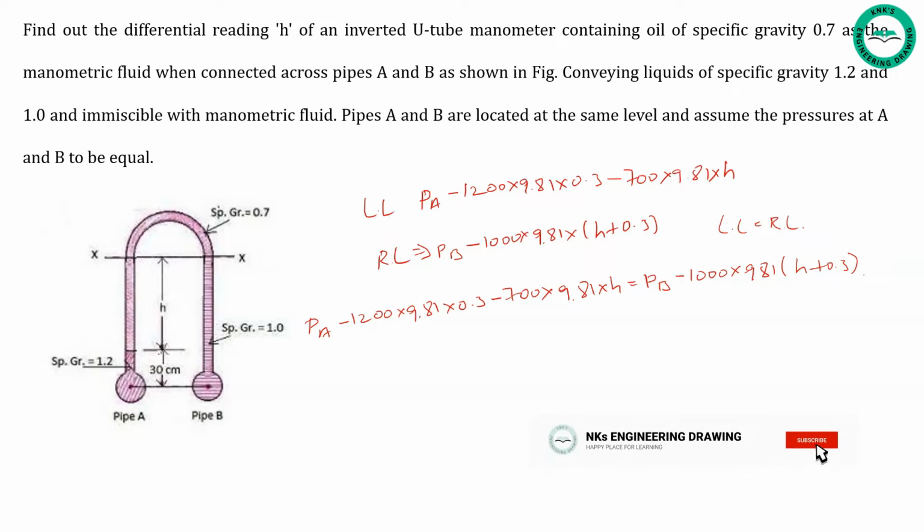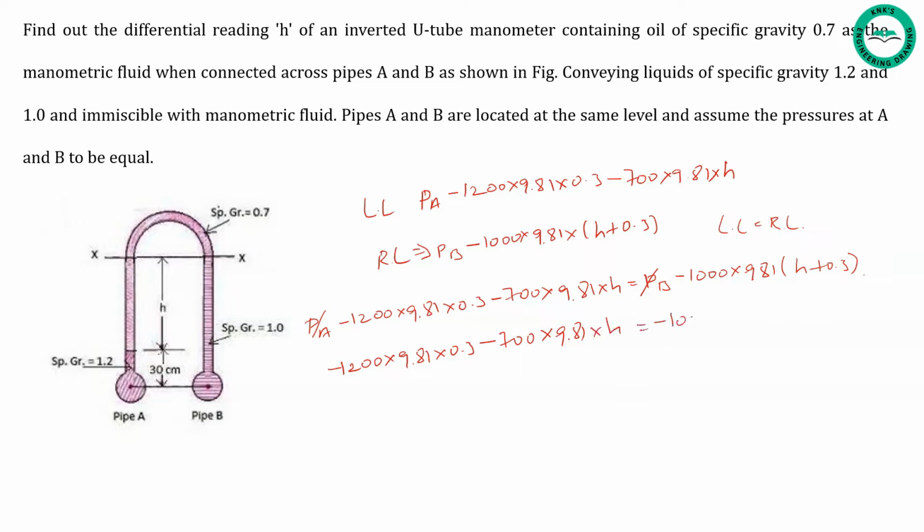As we know that the pressures at A and B are equal, so PA and PB will get cancelled, and the remaining equation is minus 1200 into 9.81 into 0.3 minus 700 into 9.81 into h equals minus 1000 into 9.81 into (h plus 0.3).